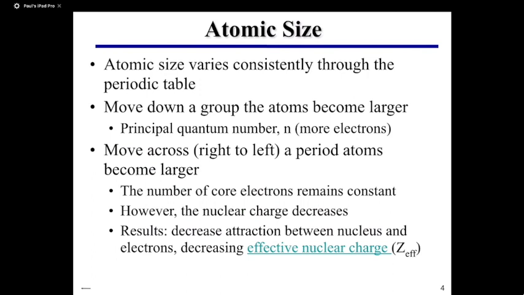As I go down all the way to cesium and francium, how many electrons does francium have? 87. All right, if somebody weighed 1 pound and somebody weighed 87 pounds, who's bigger? The one that has more pounds, or more electrons. So going down the column, very logically, if I have more electrons, it's bigger. That's it. That seems to be reasonable.